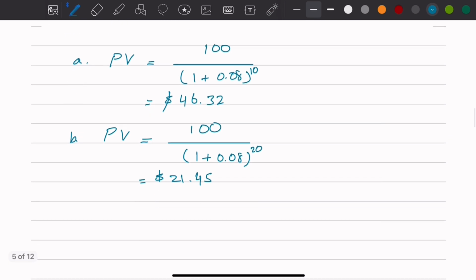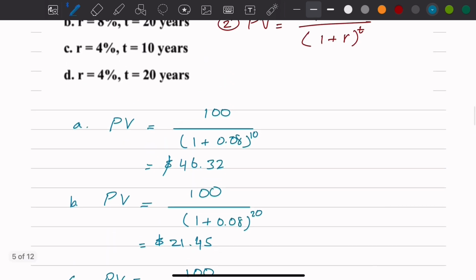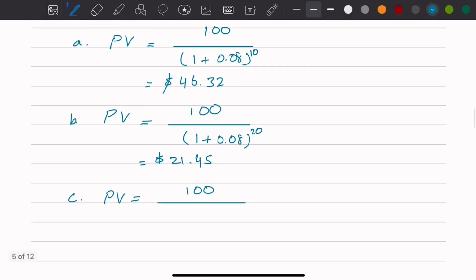Okay. Part C, present value will equal $100 over 1 plus 4% to the power of 10. 1 plus 0.04 to the power of 10.